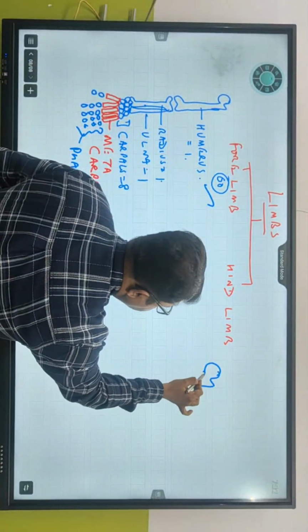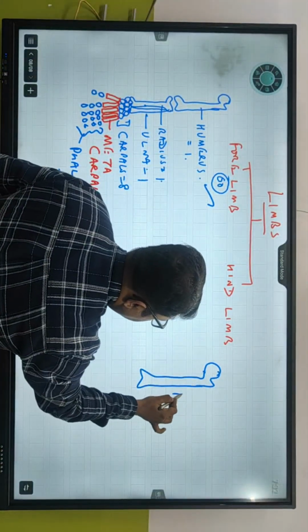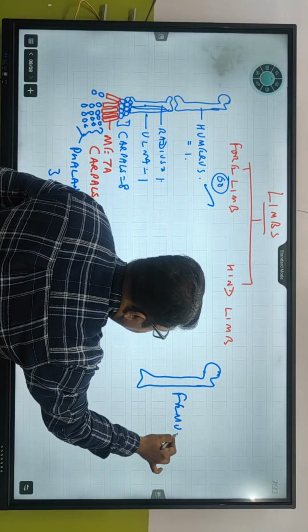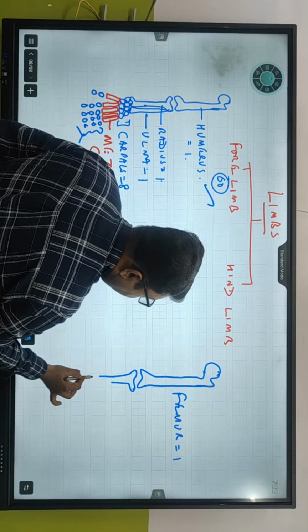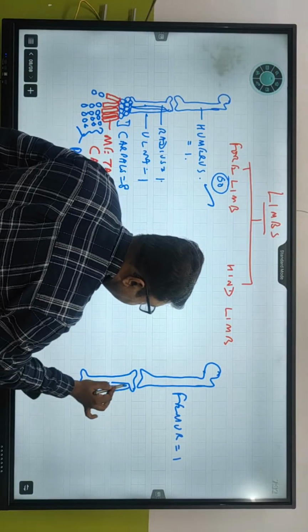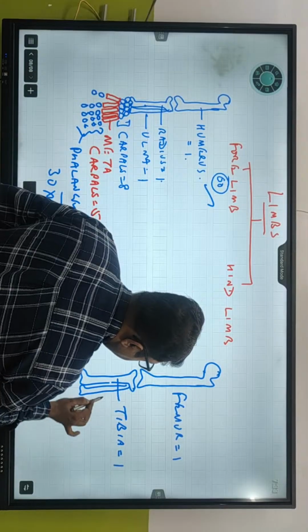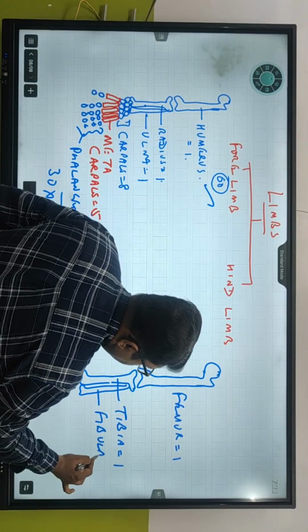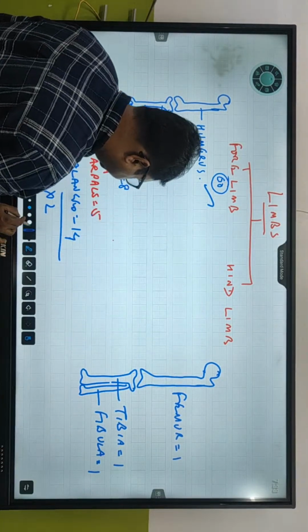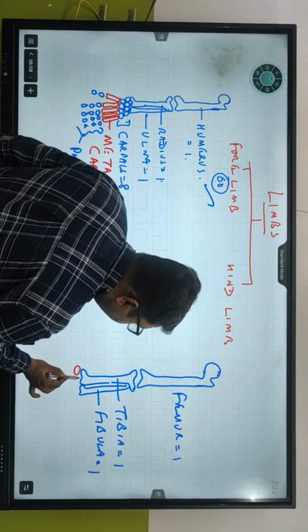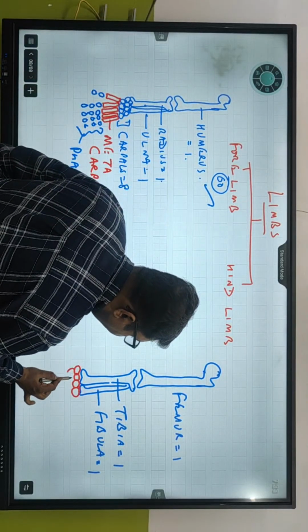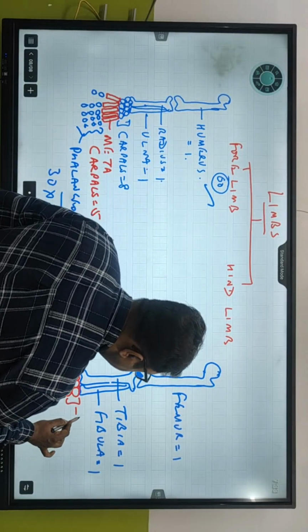In the case of leg, this is femur, the longest bone. This is tibia and fibula. Tibia 1 and fibula 1. And then 1, 2, 3, 4, 5, 6, 7. 7 bones are there called tarsals.